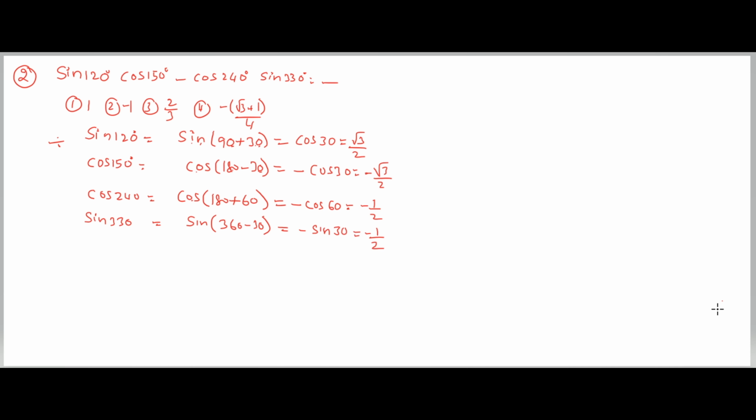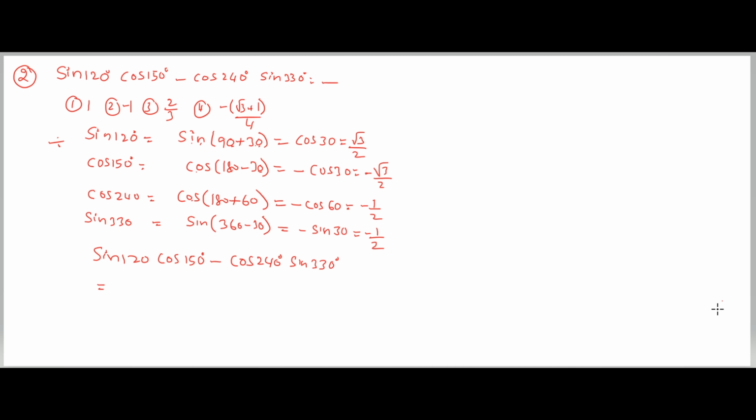Substituting these values in the given problem, that is sin 120 degrees cos 150 degrees minus cos 240 degrees sin 330 degrees.